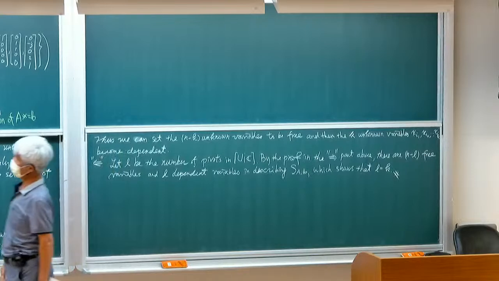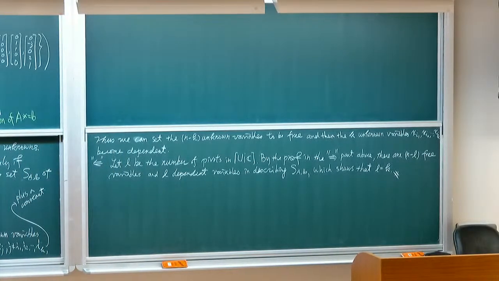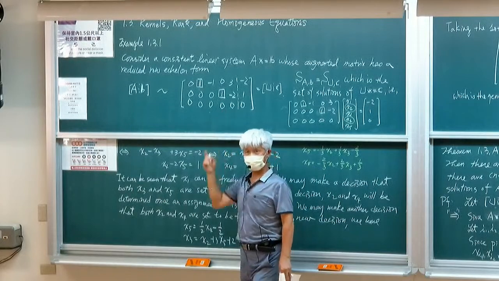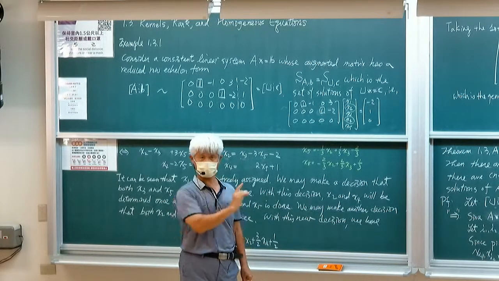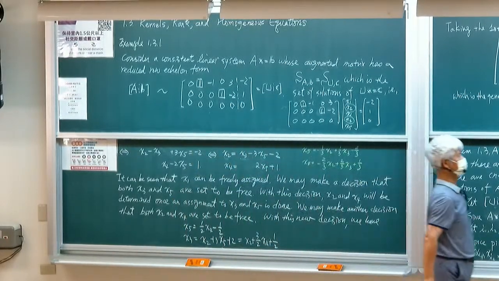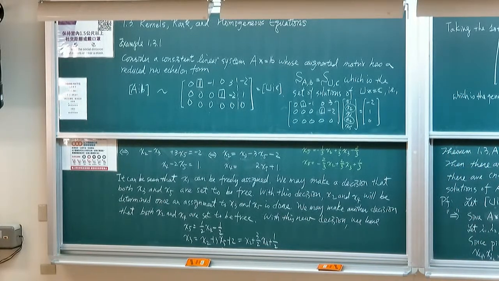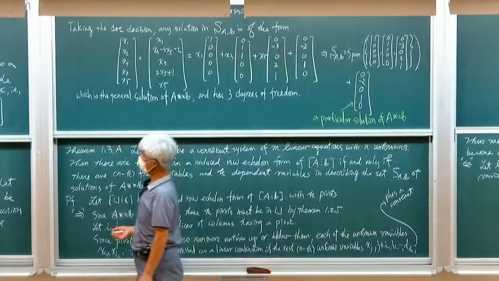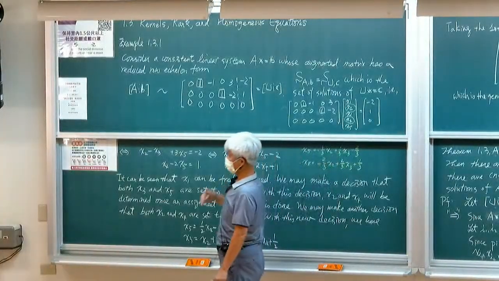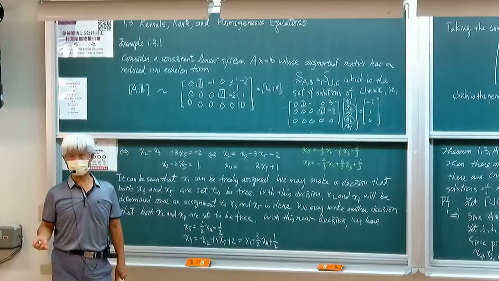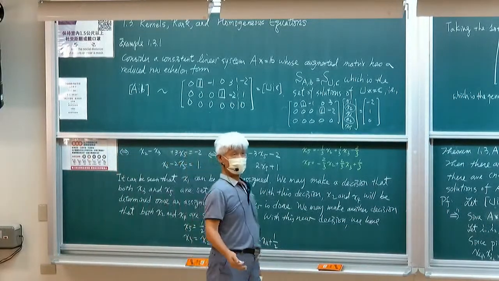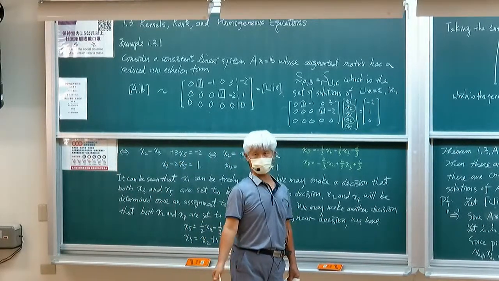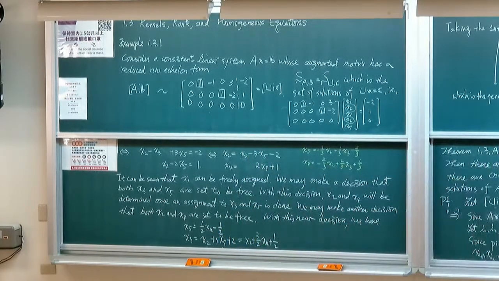So once again, you can see that a reduced row echelon form of a linear system gives a lot of information. Okay, this is one of them. With the number of pivots in a reduced row echelon form, we can quantitatively describe the solution set of the original linear system, and say that the degree of freedom will be n minus k.